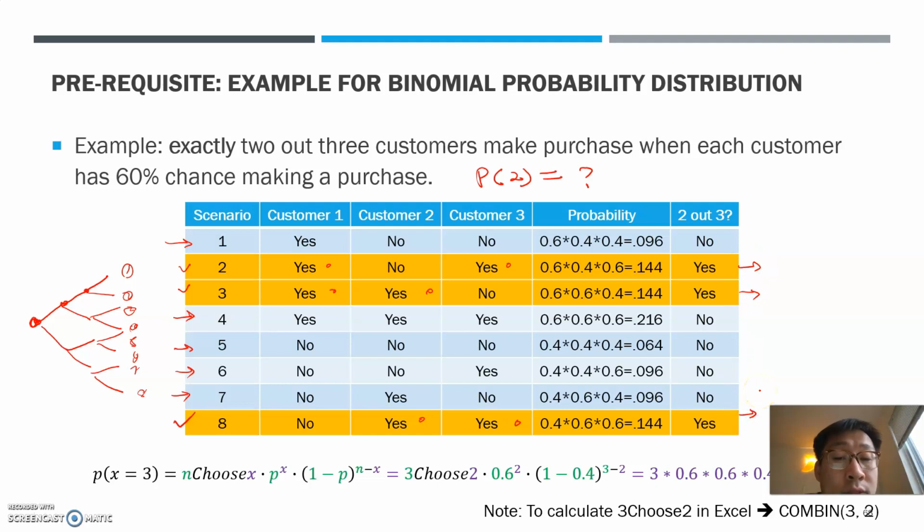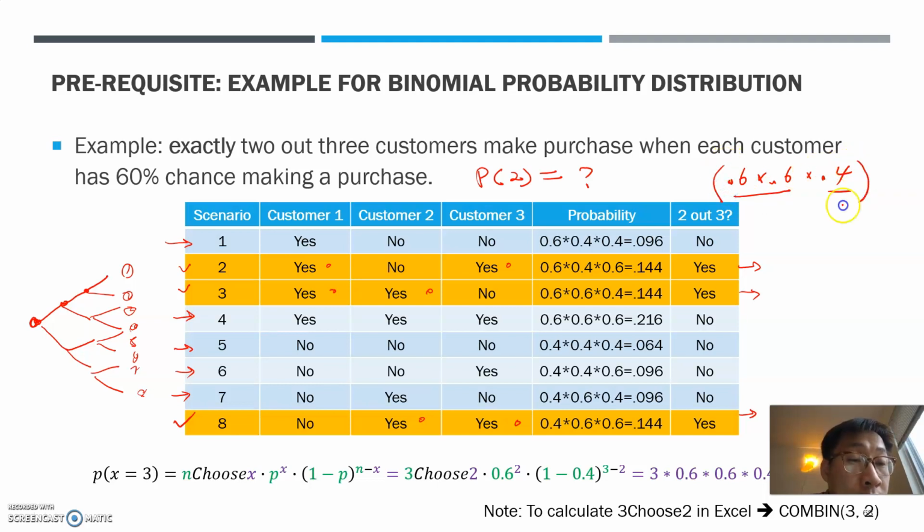Therefore, we'd like to multiply the probability of 2 customers making a purchase and 1 not making a purchase. Intuitively, this is the probability of 2 making a purchase, 1 not.